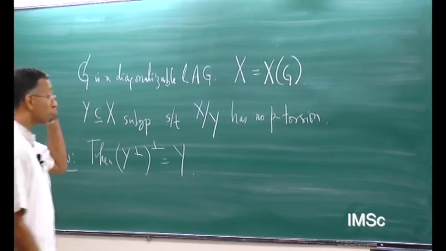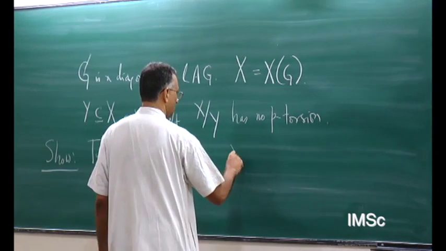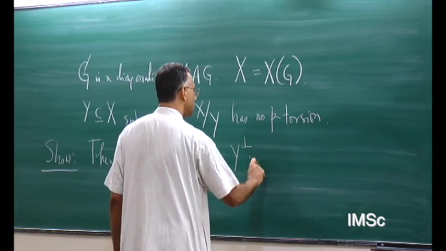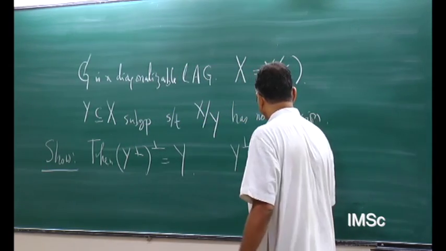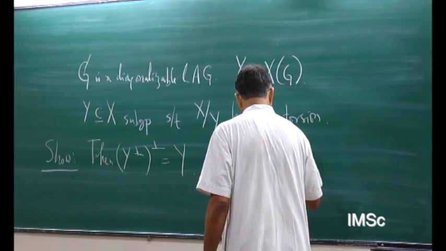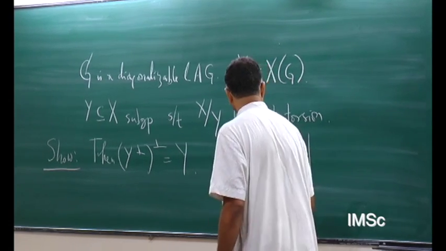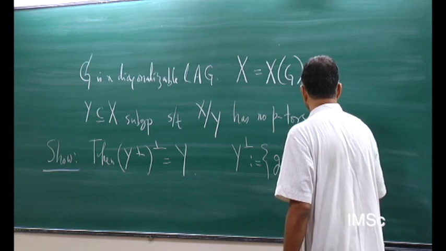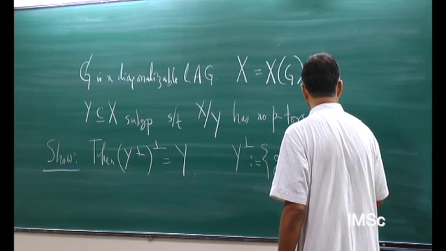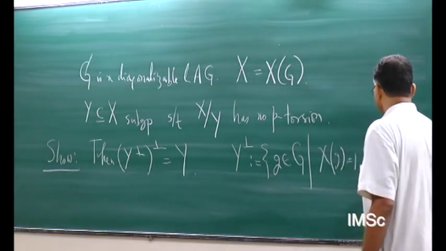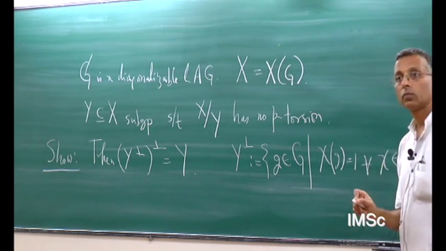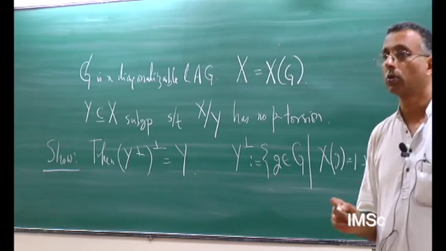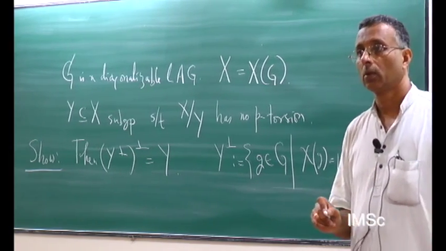Right, and what is y perp? So y perp is a subgroup of G. It's all those g in G such that chi of g equals 1 for all chi in Y. Right, this is a closed subgroup of G. Why?